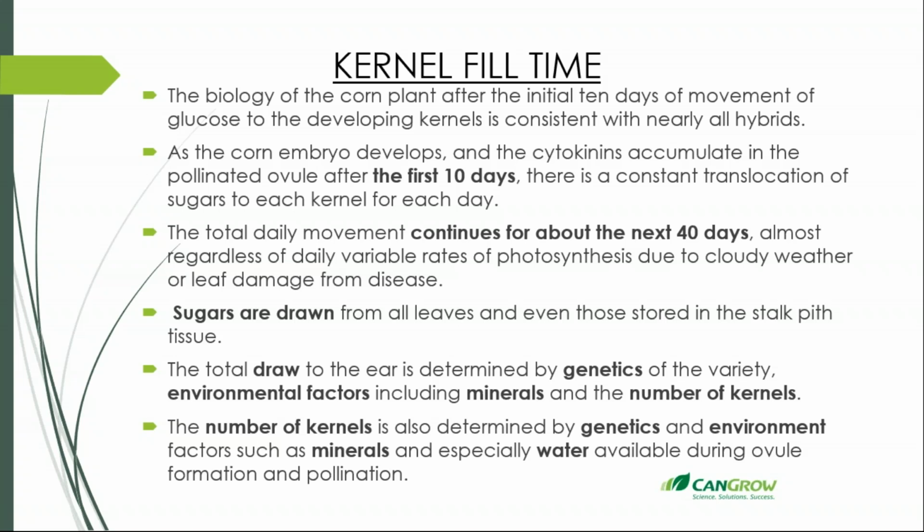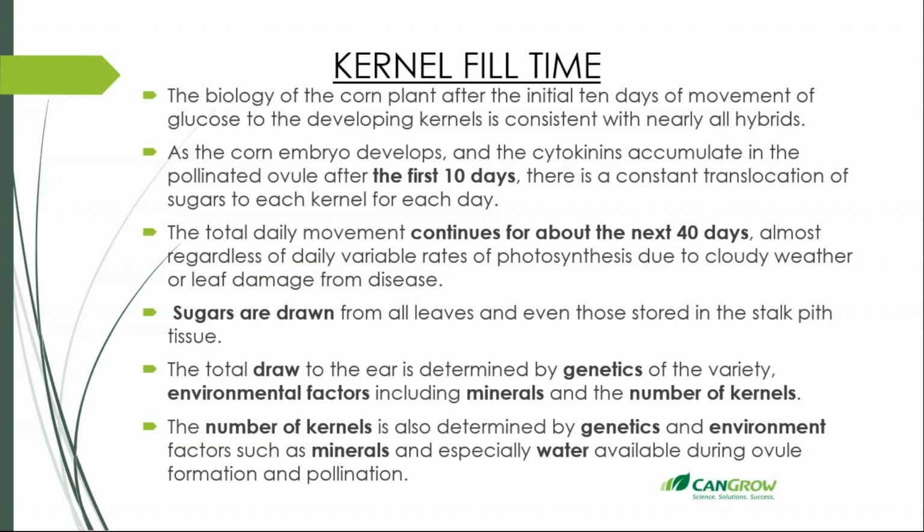So the biology of corn plants after the initial 10 days of movement of glucose or sugar in developing kernels is really consistent with nearly all hybrids. As the corn embryo develops, there is cytokinin accumulation in the pollinated ovule after the first 10 days. So there is a constant translocation of sugars to each kernel for each day.